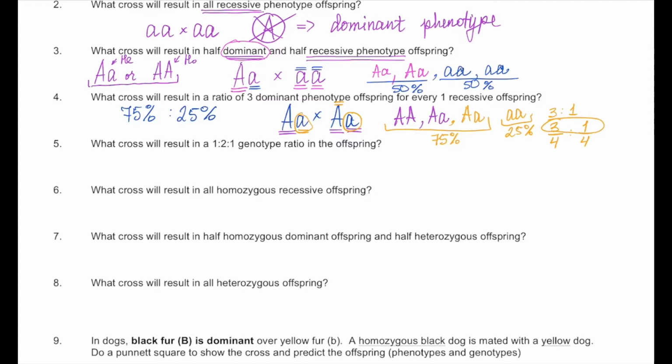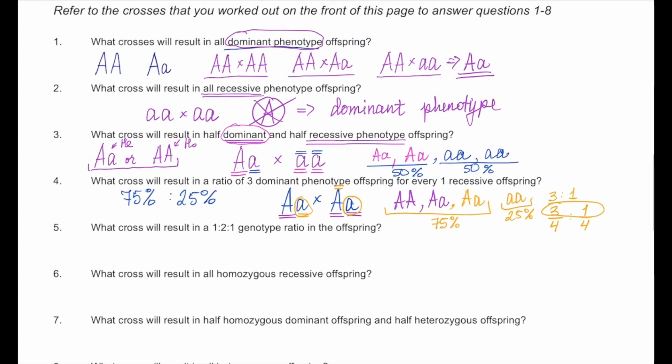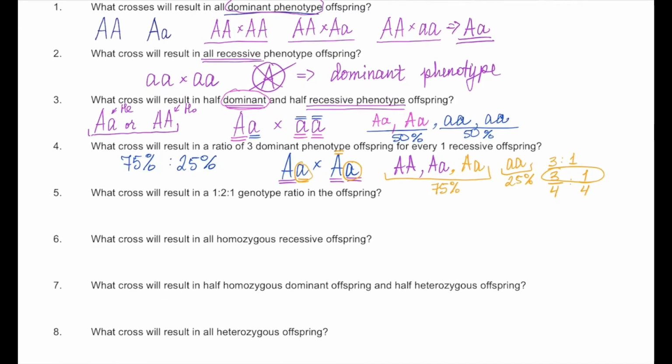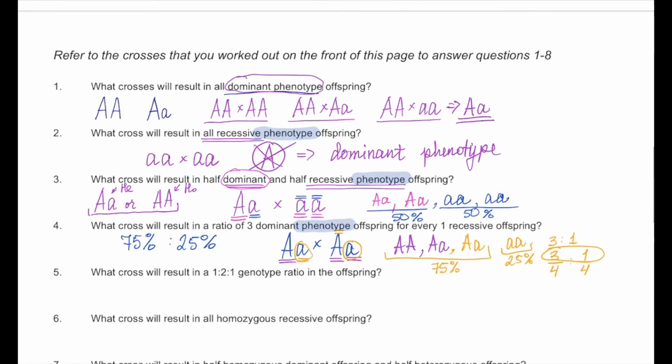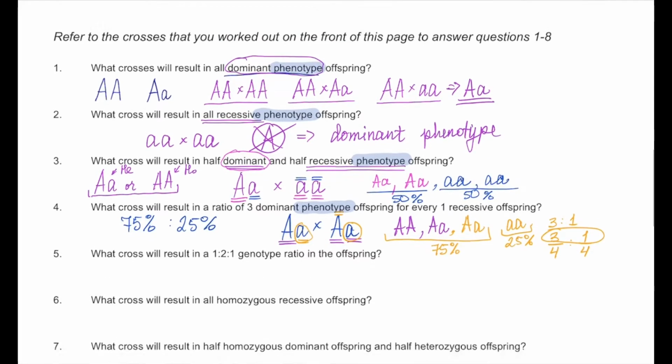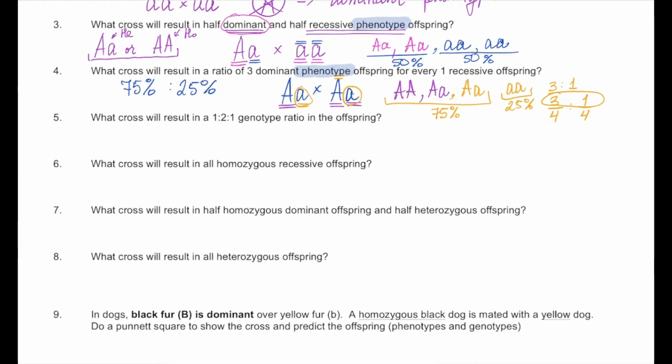In question 5, you need to be paying attention. You always need to be paying attention. So far, in questions 1 to 4, they were always talking about phenotype, phenotype, phenotype, and phenotype again. In question number 5, they're talking about genotype. Genotype needs to be 1-to-2-to-1, which means 25% would be homozygous dominant, 50% would be heterozygous, and then the remaining 25% is going to be homozygous recessive.